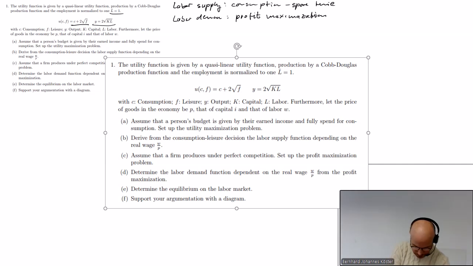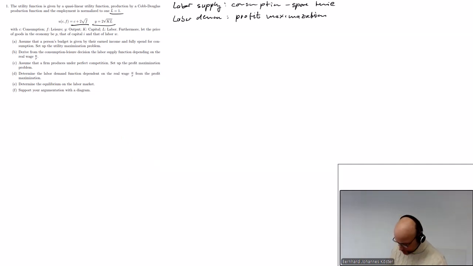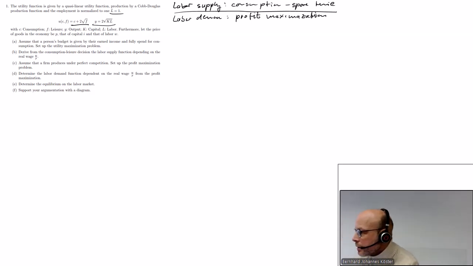Oops, this one, this one. So let's start with labor supply from the consumption spare time decision. What was this in general? We have to maximize utility depending on spare time F and consumption C, subject to our budget restriction.